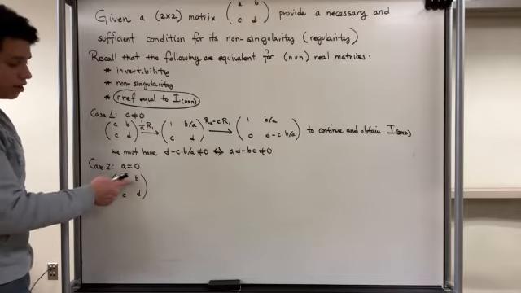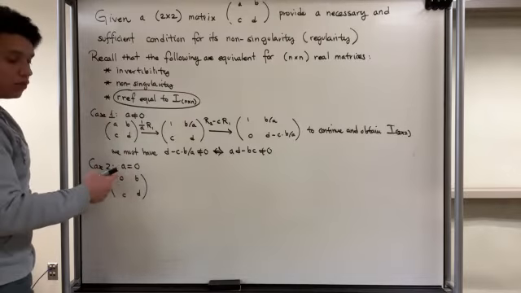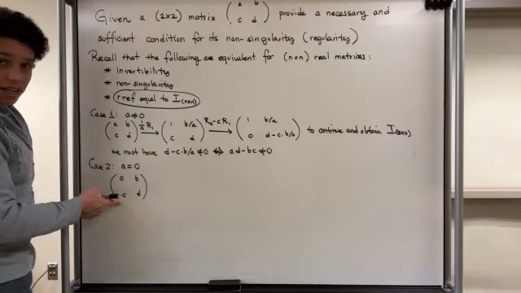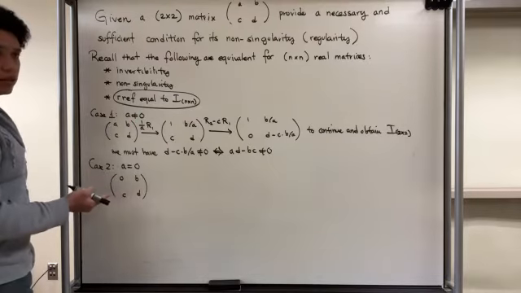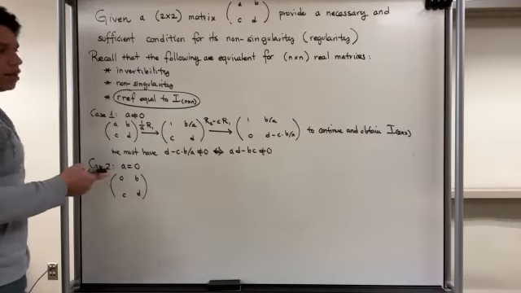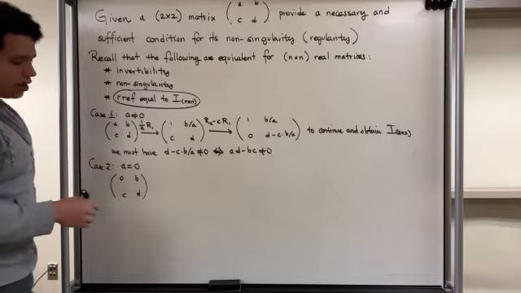Why is that? Because if B is 0, then we'll have a row which is full of zeros, or if C is equal to 0, then we'll have a column which is full of zeros. In either case, it will not be possible to obtain a reduced form equal to the identity.